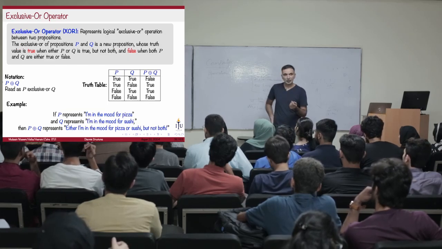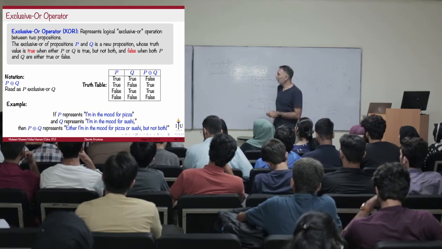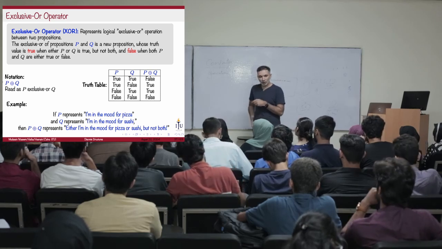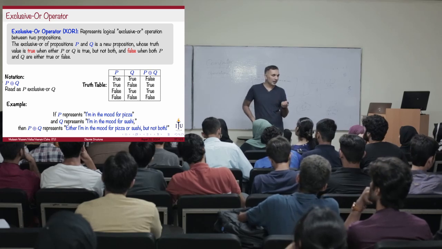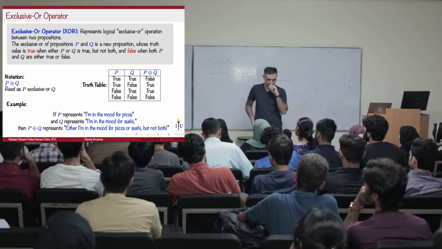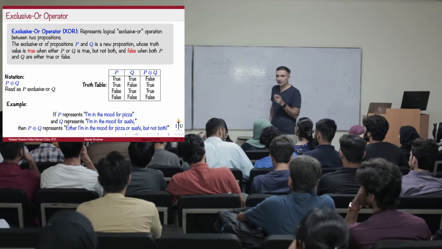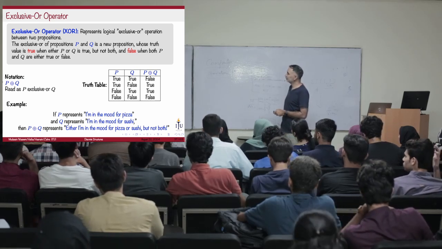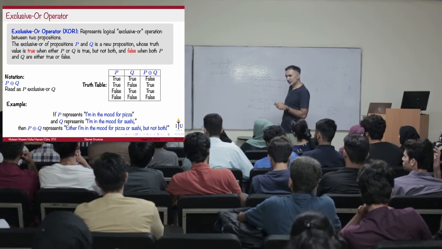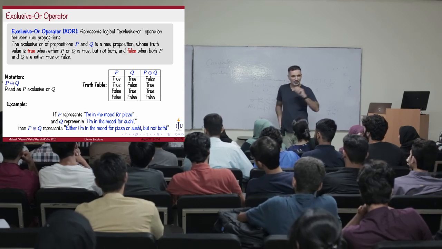The third operator that we are going to use is called the exclusive OR. Exclusive OR, in my view, is actually what we usually mean by OR in daily life. We'll see the example in a moment. No, scratch what I just said.